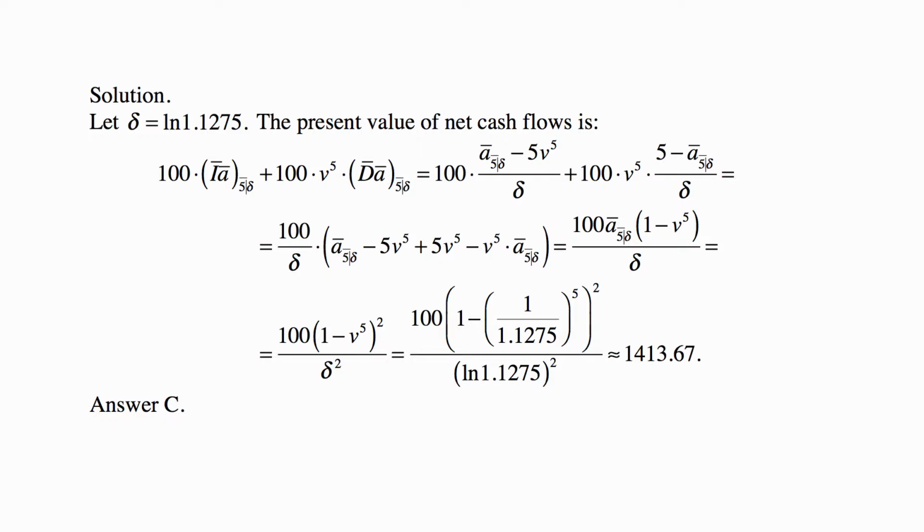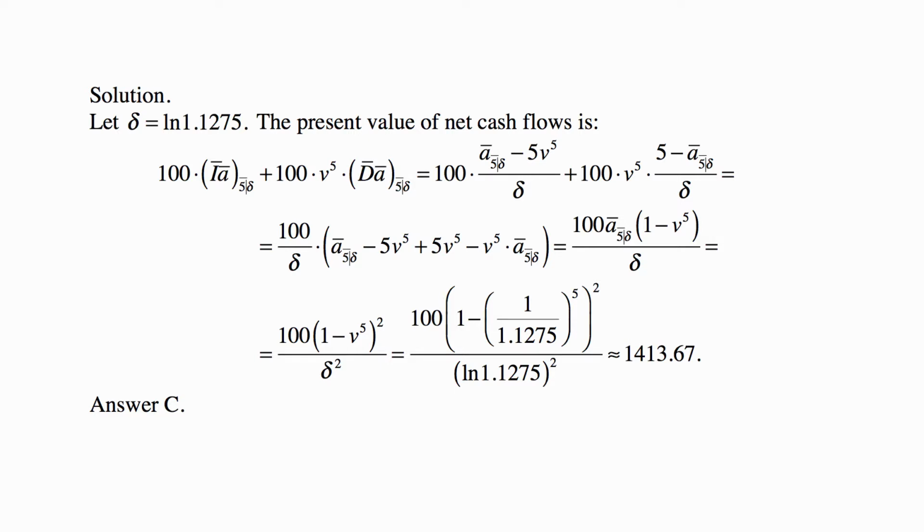And using that, we can calculate the present value of the net cash flows as, well, they have an increasing annuity of 100 paid continuously, increasing continuously over the first 5 years, and then 5 years down the road, they will get a decreasing annuity of 100 paid continuously, decreasing continuously over 5 years.